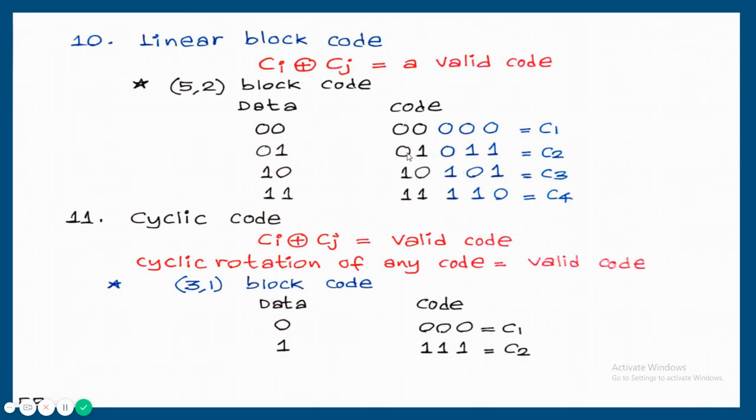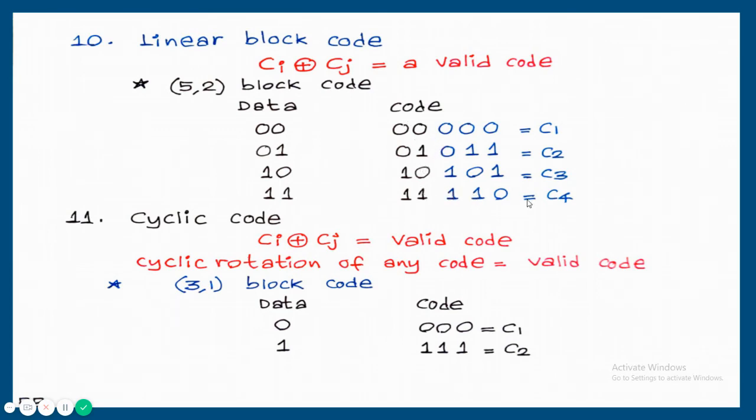Next definition is cyclic code. A block code is said to be a cyclic code if it satisfies the linearity property and the cyclic property. That means, first of all, cyclic codes are linear block codes, but a cyclic code should satisfy one more condition, that is cyclic rotation. The meaning of cyclic rotation is like this.